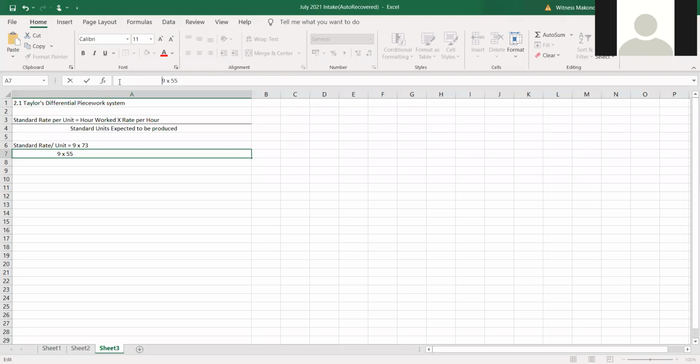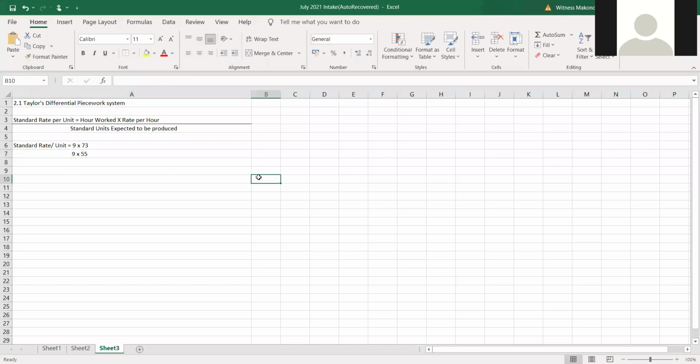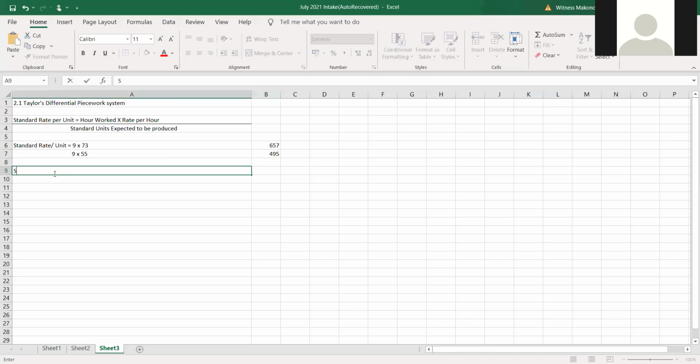If you can see, the 9 and 9 cancel each other. Let's do our mathematics. 73 times 9 gives you 657. 55 times 9 gives you 495.